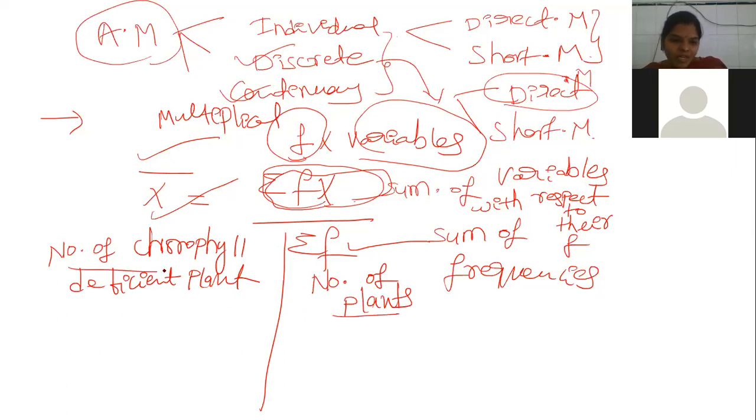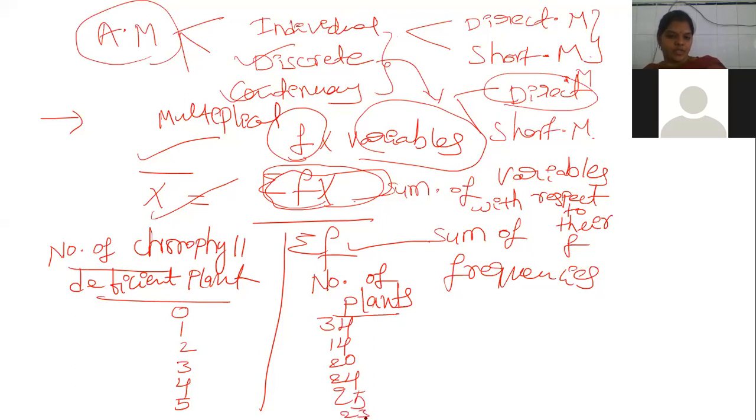Under number of chlorophyll deficient plants, you can write 0, 1, 2, 3, 4, 5. Under the number of plants, you can write 34, 14, 20, 24, 25, and 23.